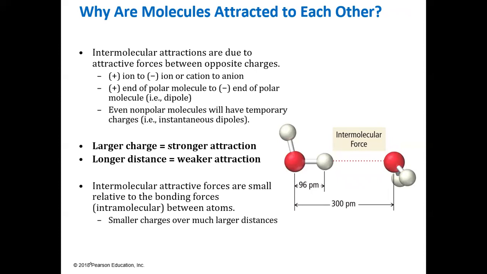If I have a positive ion and a negative ion, or a cation and an anion, they are attracted to one another. If I have a polar molecule like water that we were just talking about, the positive pole and the negative pole are going to align so that there's some kind of attraction between them.